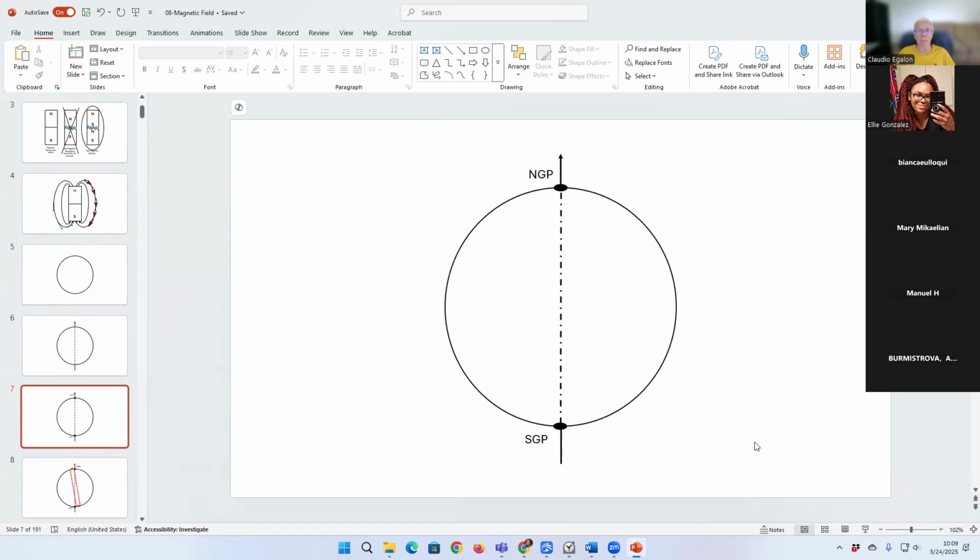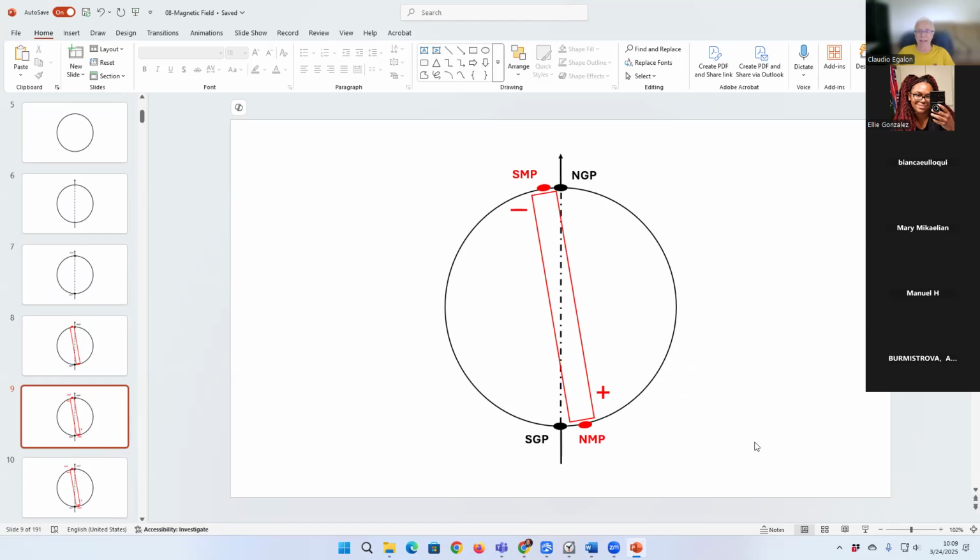But there is one more important thing. Here is the magnetic axis of the Earth. This angle is around 11 degrees, right? And there is one more important thing. At this very moment, the south magnetic pole is closer to the north geographic pole, and vice versa.